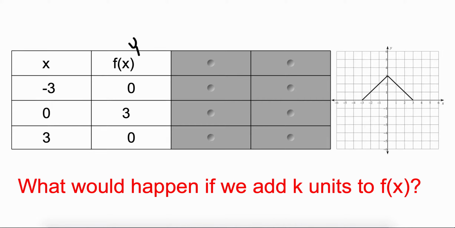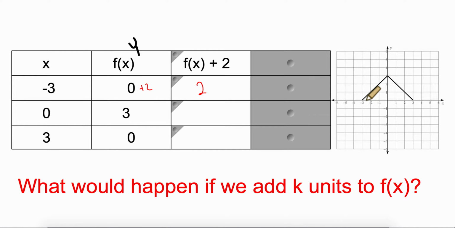But we want to know today, what would happen if I took that and added 2 to the function? Whatever my function is, I just want to add 2. What happens to that function? Well, let's see. If I add 2 to this function, the value at -3 was 0, but now I'm going to add 2 to it. So now that value is 2.